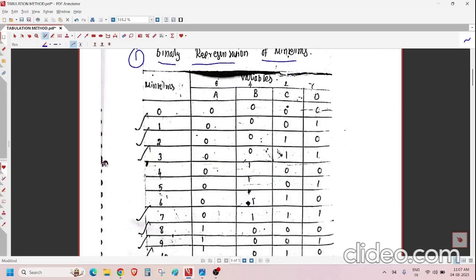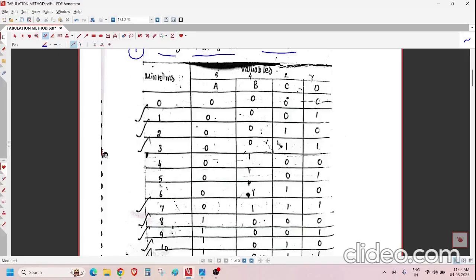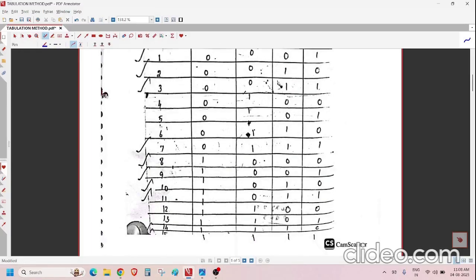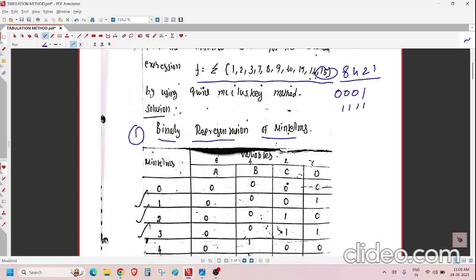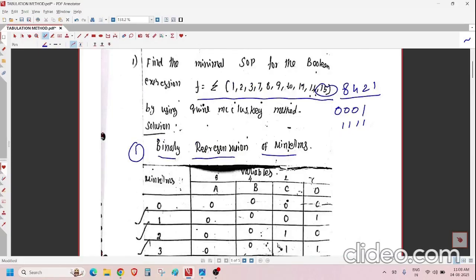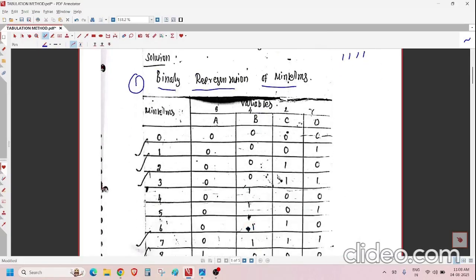See here, this is the binary representation of min term table. In this table I mentioned all the inputs from 0 to 15, but there's no need to mention them like this. Whatever inputs are given in the sum, representation for those alone is enough.